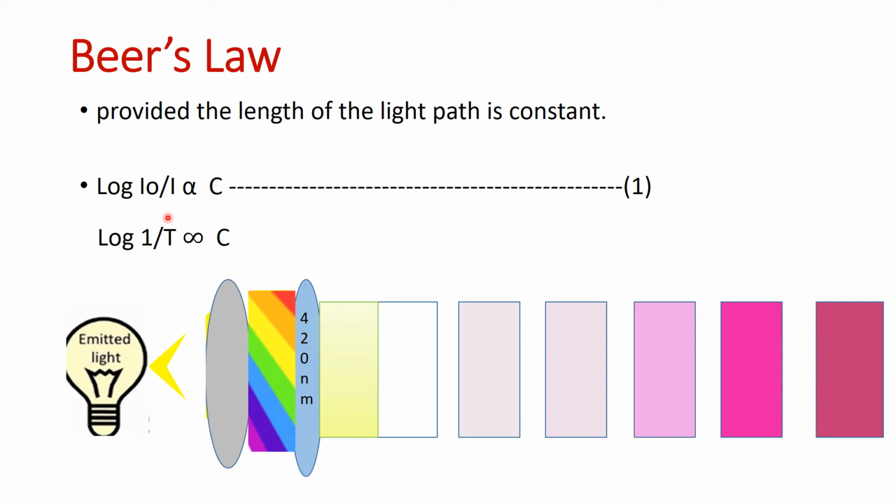And this is known as absorbance, whereas I0 by I can also be called 1 by T, that is transmittance. So transmittance is inversely proportional to the concentration. That means if the concentration is more, less light will be transmitted from the solution.